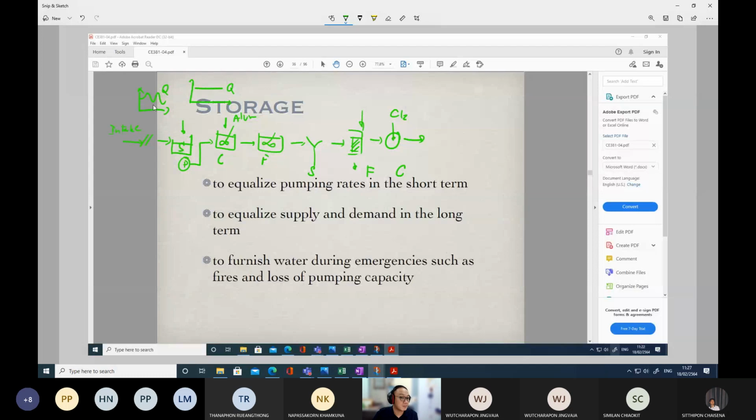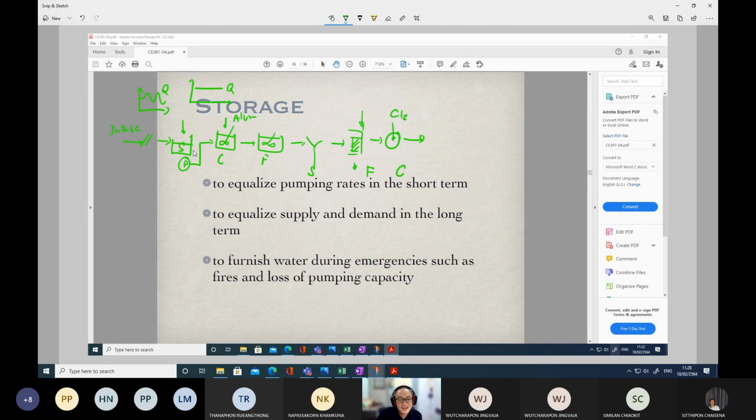Incoming pumping rate may vary, but the outgoing pumping rate needs to be constant, to equalize the supply and demand in the long term, and to furnish water during an emergency, like fire demand. So we need to keep a certain amount of water inside this chamber. The storage provides the space to keep water for emergency requirements.